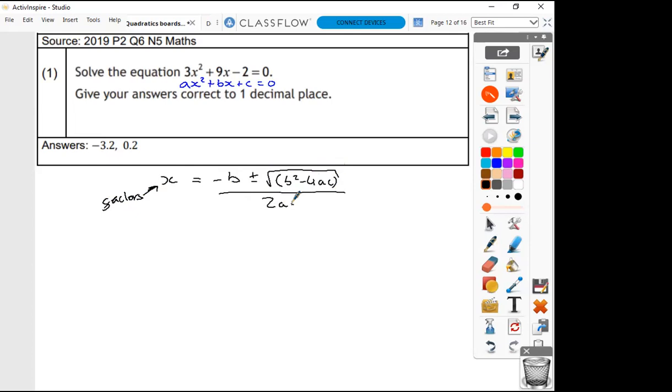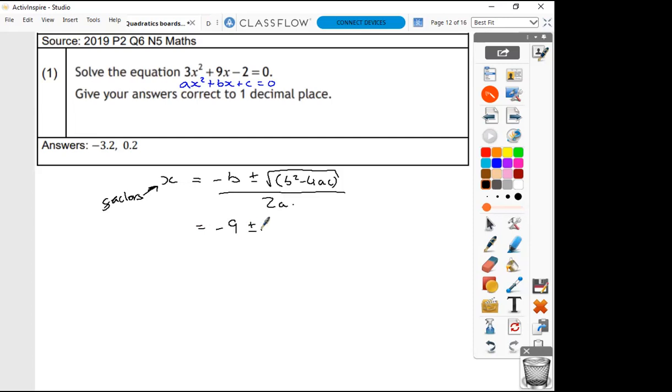We need to substitute in the numbers from our quadratic into our equation here. So negative b is going to be our b value. We need to put a wee negative sign in front of it. So if it's positive in the question, it becomes a negative. If it's negative in the question, it becomes a positive. So just watch out for that.